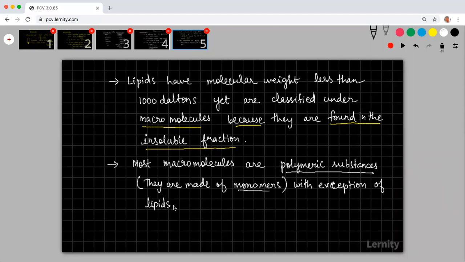Okay, so this is the thing. Glycerols and fatty acids will come under lipid. Glycerol and fatty acids will join together to form what we call lipids. We will study that.